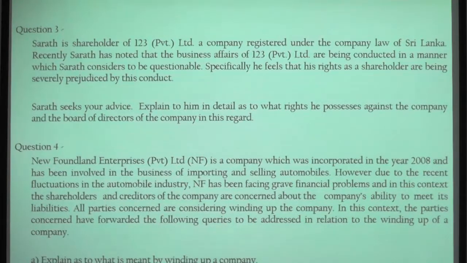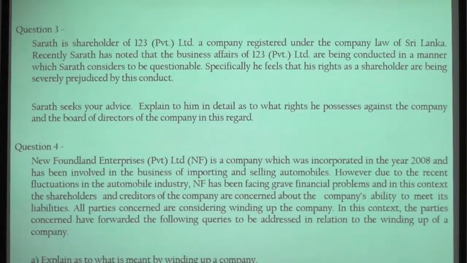Now, this is not a derivative action that you can take, because it says in this question that specifically he feels that his rights as shareholder are being severely prejudiced. It is not that he wants to protect the company's interest, but he wants to protect his rights and entitlements in the company.